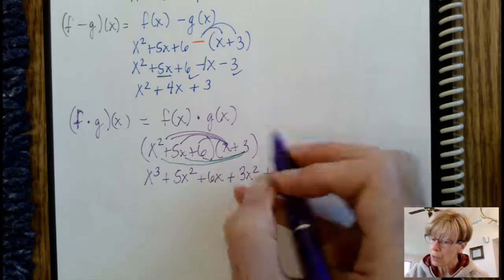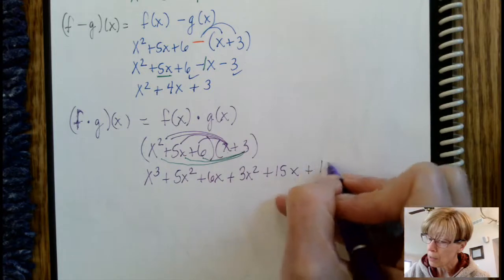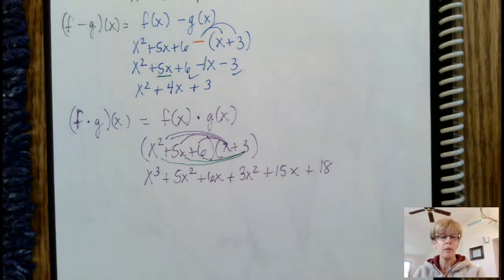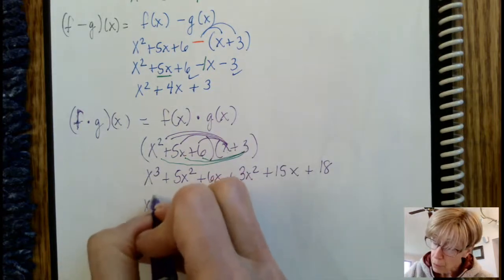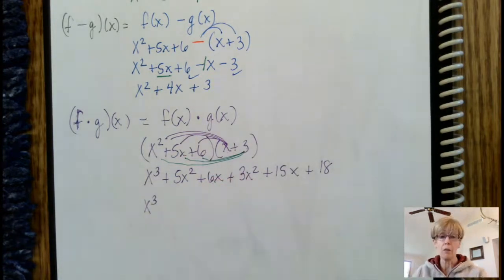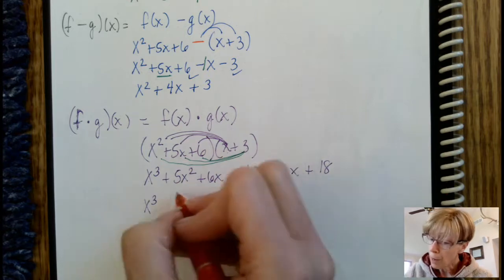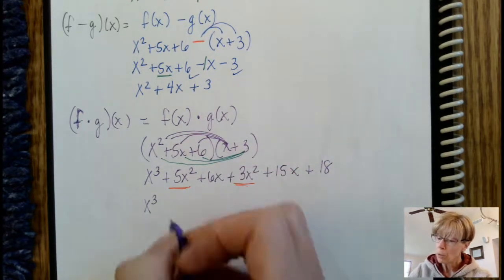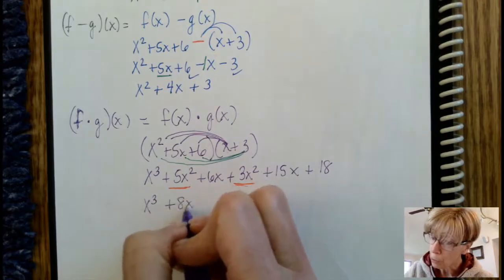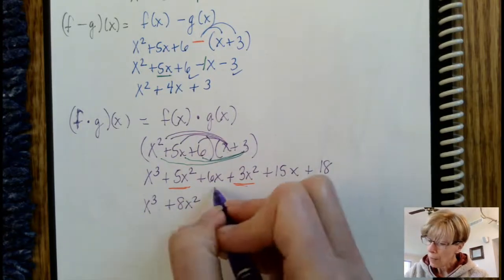So last to do is we need to take f divided by g of x, which is going to require us here in a minute to factor. If you want to write it out or make it a little bit more understandable, it's x squared plus 5x plus 6 divided by x plus 3.